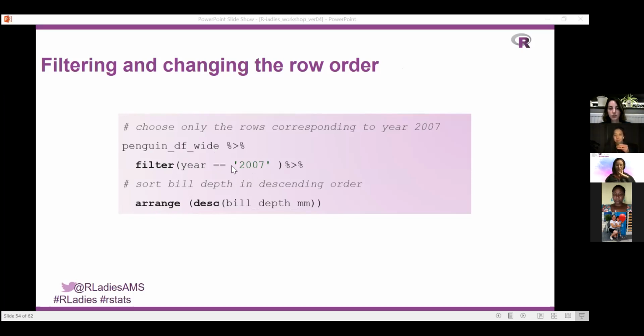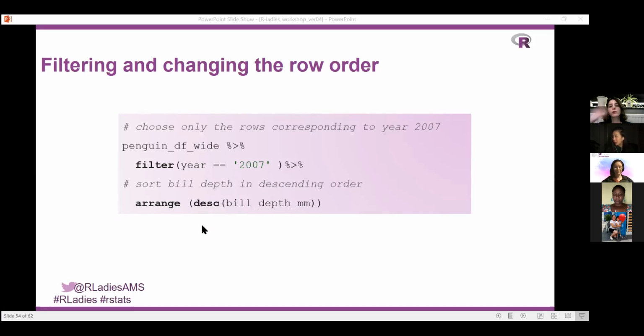So it's a condition. It checks every element in this column, whether it's true or not, and retains only the rows that are true for this condition. And then what I do here, just to show you, is arrange build depths, for example, by descending order.